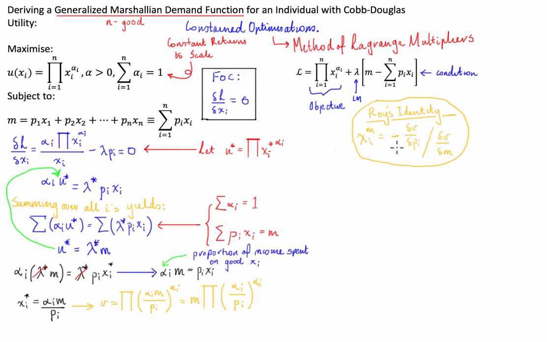So if we take the quotient of them, we can get the person's Marshallian demand.